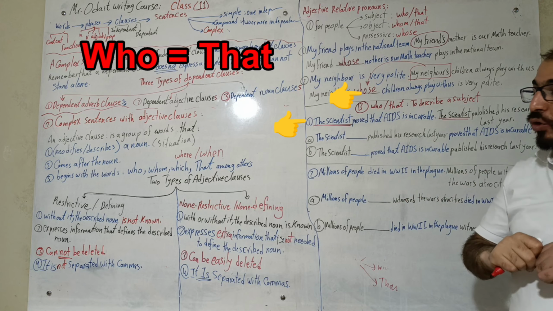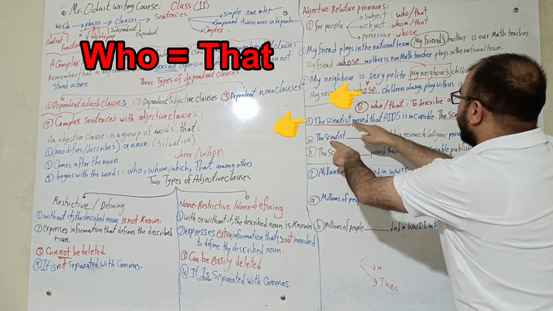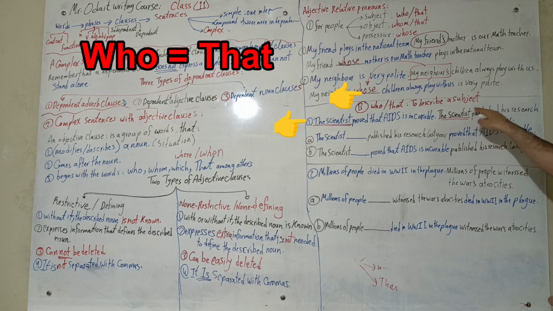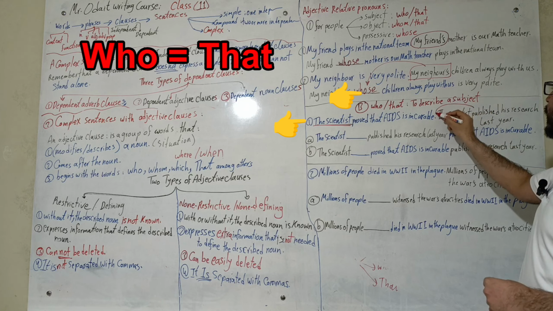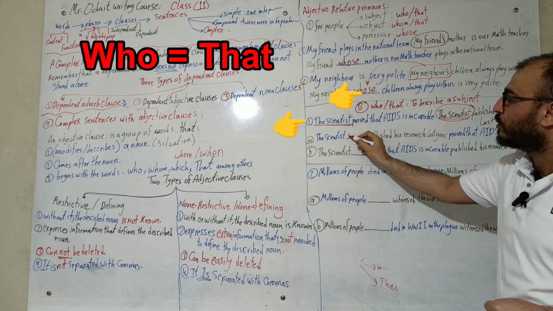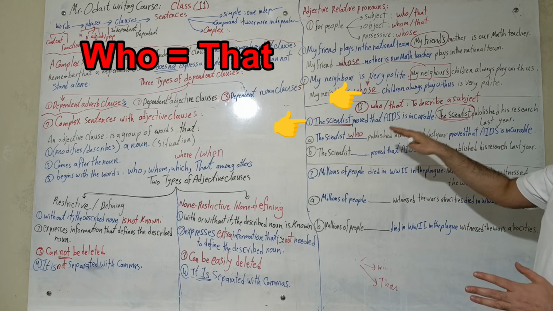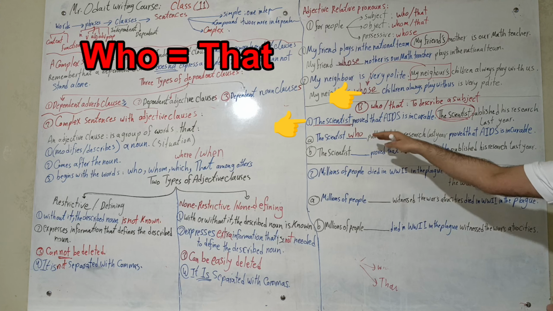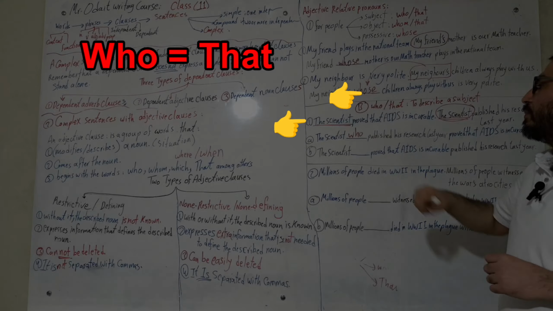Here I have two options. The first option is to use the first simple sentence here in blue as the main sentence, and then I change the second simple sentence or the second independent clause into a dependent clause, deleting the subject using a relative pronoun to change it or to transfer it from an independent clause into a dependent clause according to the definition of a dependent clause, which starts with a subordinator.